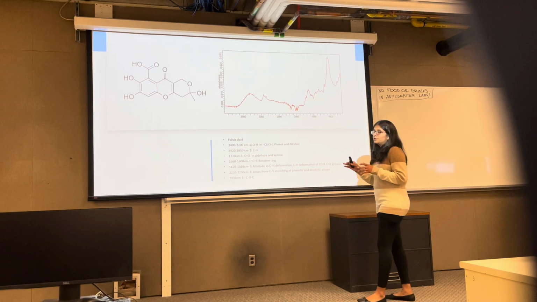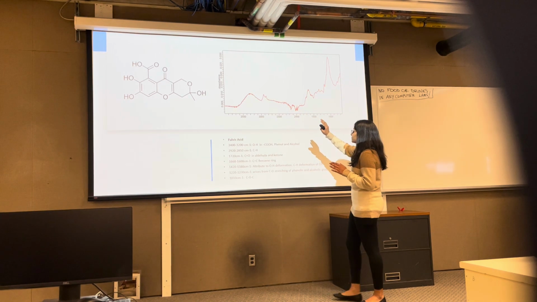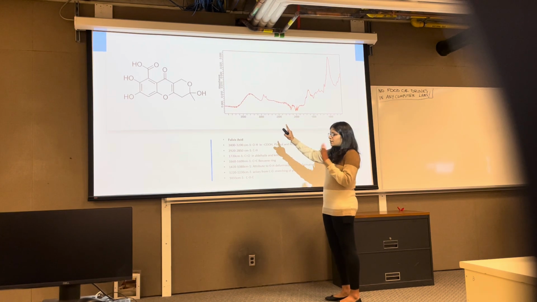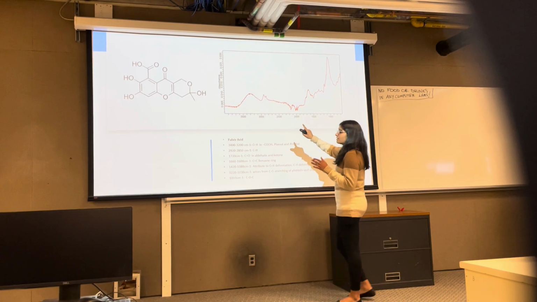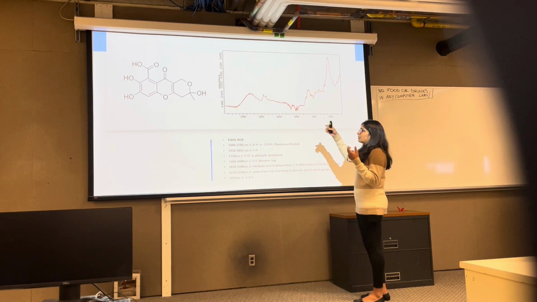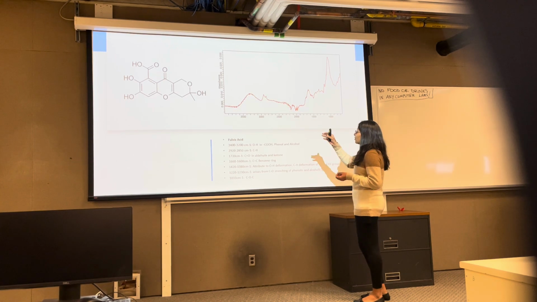So during FTIR, we got the OH functional group between 3400 to 3200 centimeter inverse, that is for C double bond C, OH or phenolic group.